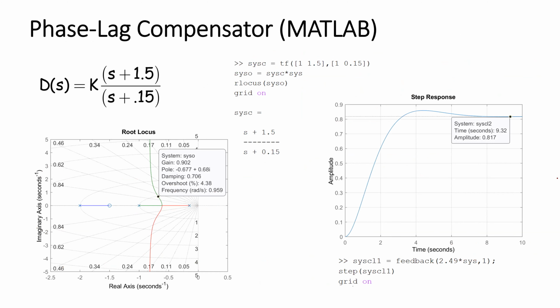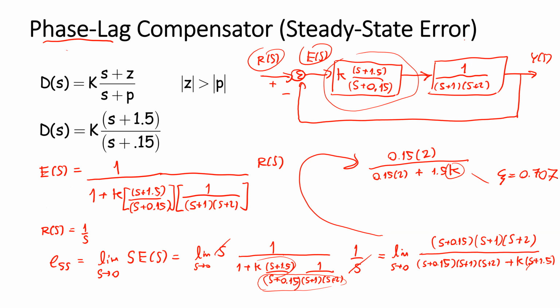We plot the root locus by using the open loop transfer function. The open loop transfer function is the controller, the lag compensator, multiplied by the plant transfer function.